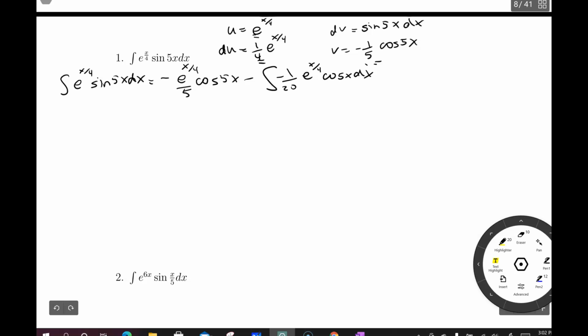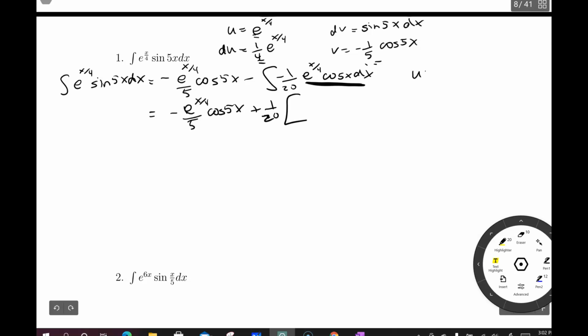Okay, so we can take the time to pull the negative 1 over 20 on the outside. E to the x over 4 over 5, cosine of 5x. So these come outside to be a positive 1 over 20. And then I'm going to do parts on this.